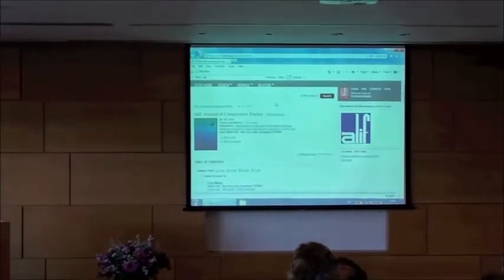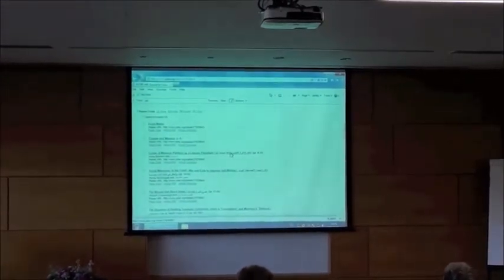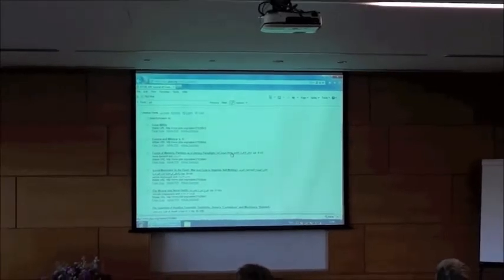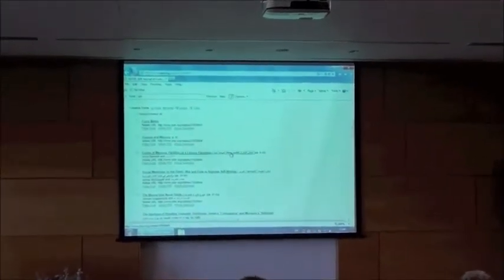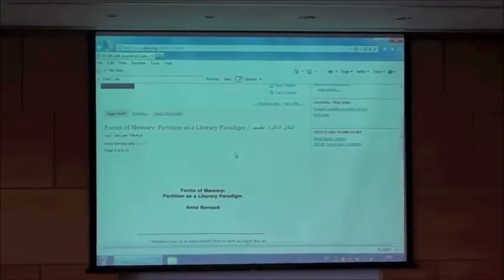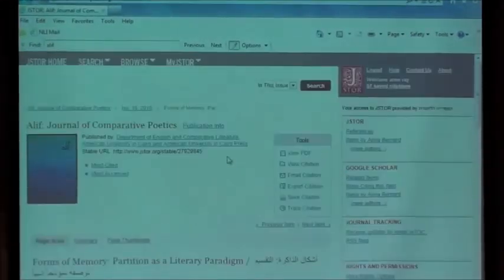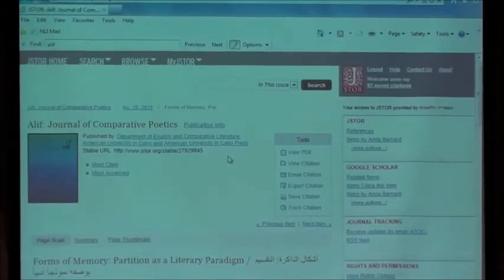I'm sure a lot of you know it. You can see it, so it does exist. And it would again be a little funky, but if you were typing in Arabic, you would get results if your search term matched what was in here. And Alif translates most of its article titles into Arabic, and some complete articles are in Arabic in this journal. So, just find that interesting.